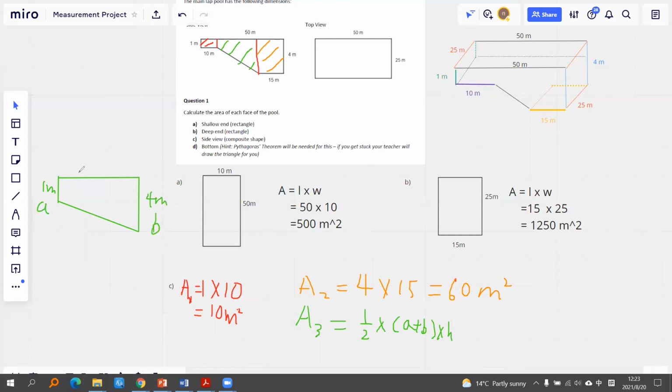And the height of the trapezium, what do we do? We use 50 minus 10 minus 15.